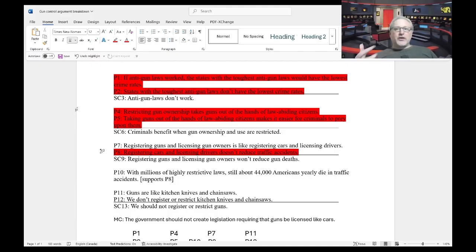So we don't even need to compare registering guns and licensing gun owners to registering cars and licensing drivers.